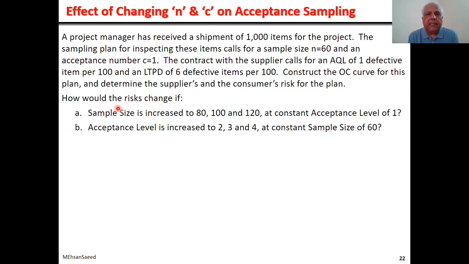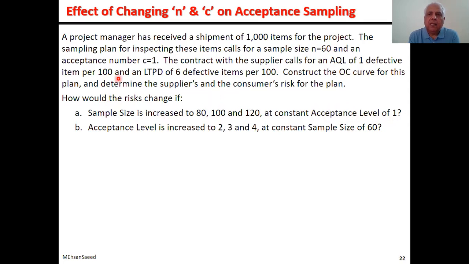And now he is asking you, how would the alpha risk and beta risk change if the sample size is increased from 60 to 80, 100, and 120. The acceptance level remains 1.